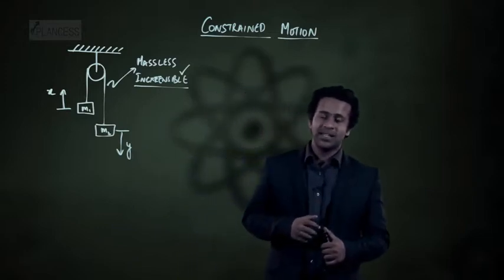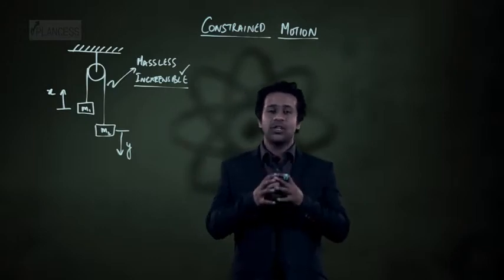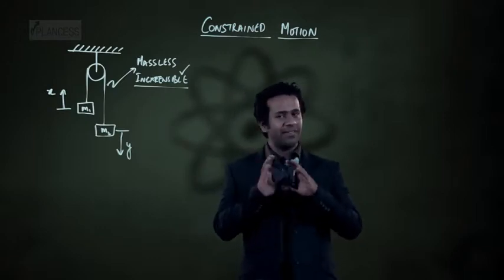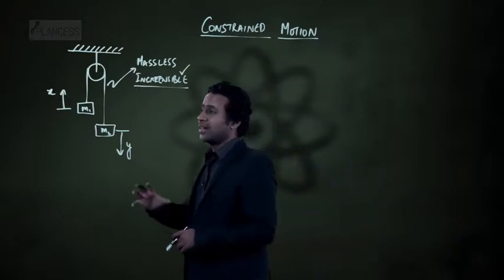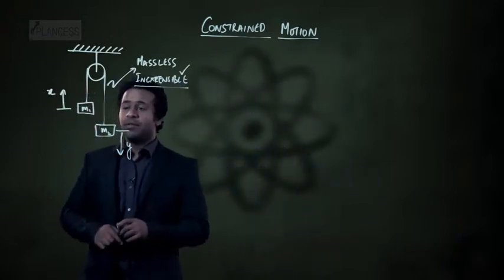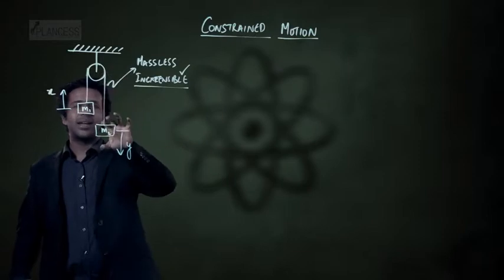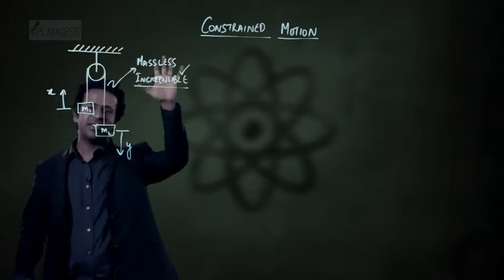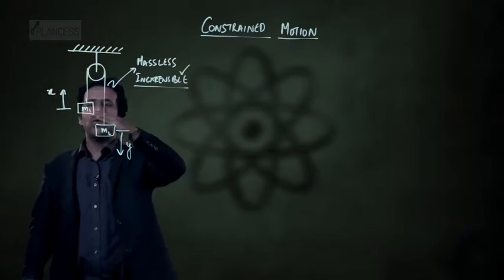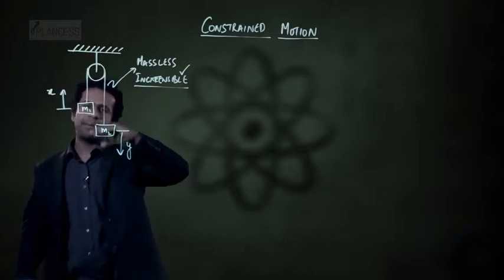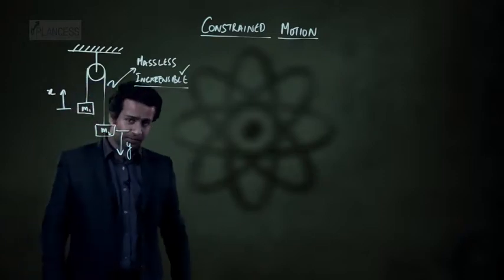What this means is that we would assume that there is only one movement and everything else is stationary. So, for this case, for example, we would assume that this arm is stationary, everything else is in its place, and only M1 moves up by an amount x.